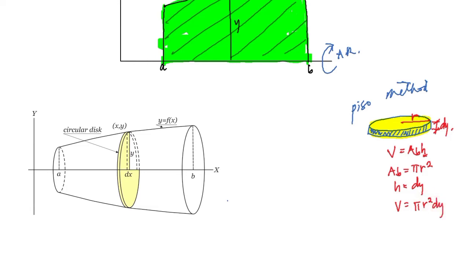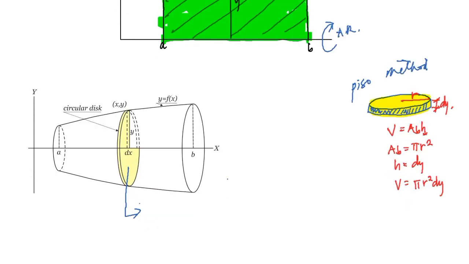Now, itong nabuong circular disc na to, we have the differential of the volume is equal to the area of the base multiplied by the thickness. Now, as we can see here, the area of the base is the area of the circle, which is the cross-sectional area. At makikita natin dito, since the cross-sectional area is pi r squared and multiplied by the thickness or the height.